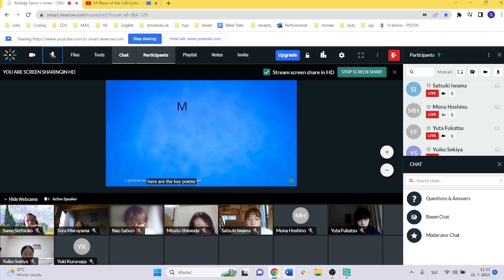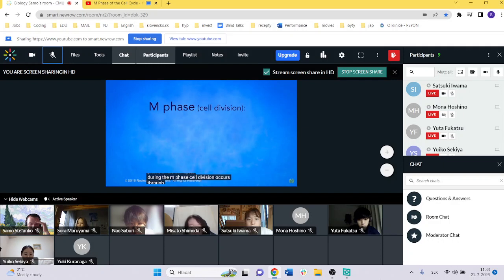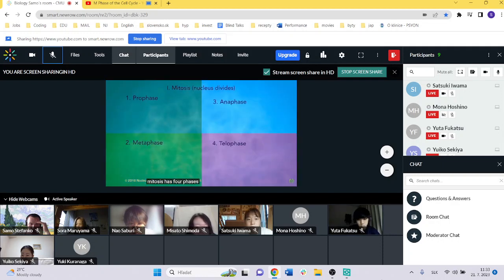Here are the key points to remember. The M phase is the fourth and final phase of the cell cycle. During the M phase, cell division occurs through two processes: mitosis, when the nucleus divides, and cytokinesis, when the cytoplasm divides. Mitosis has four phases. During prophase, chromatin condenses into chromosomes, spindle fibers form, and the nucleolus and nuclear membrane disappear.